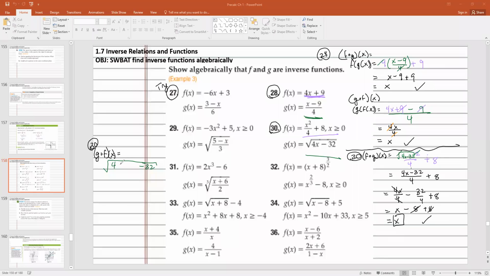And I'm going to change that x to the f of x, which is, so parentheses, x squared over 4 plus 8. So you have to distribute that 4. So distribute the 4 to the x squared over 4 and the 8.